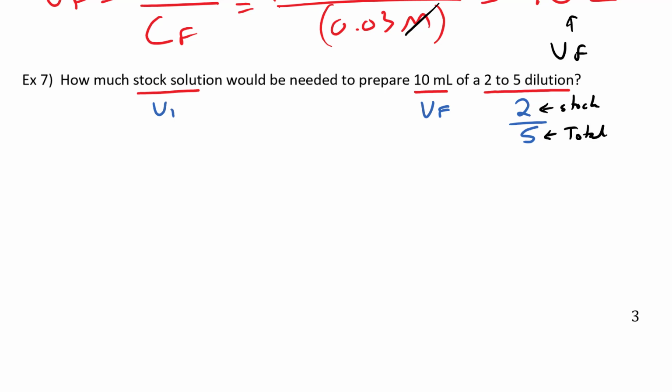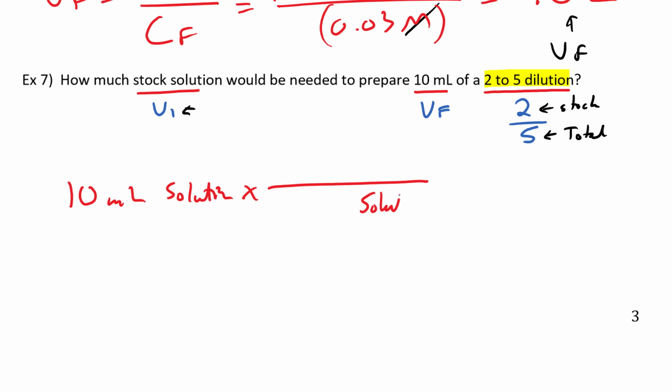So to find out how much I need to start with, my V1, I can use this as a conversion factor. Given I want 10 mils of my total solution, I'm now going to convert from total solution to stock solution.